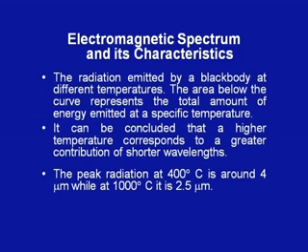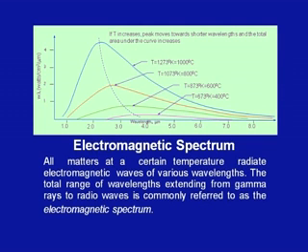The radiation emitted by a black body at different temperatures can be easily measured by looking at the next curve. This is nothing but the area under the curve, and here one can see the temperatures at which the amount of energy varies.